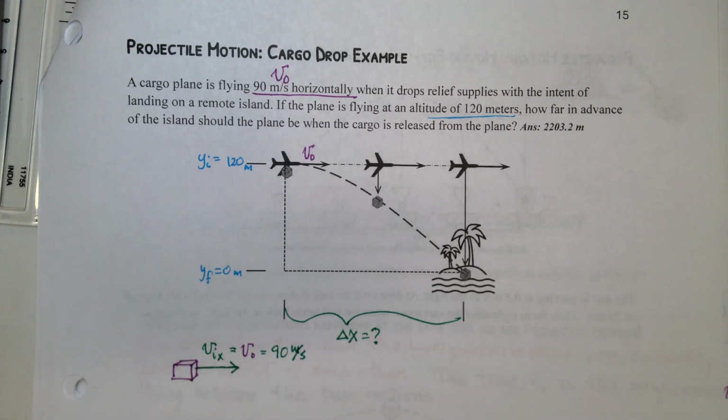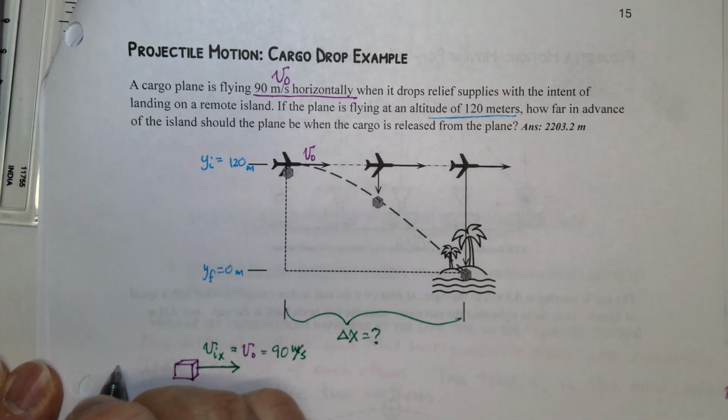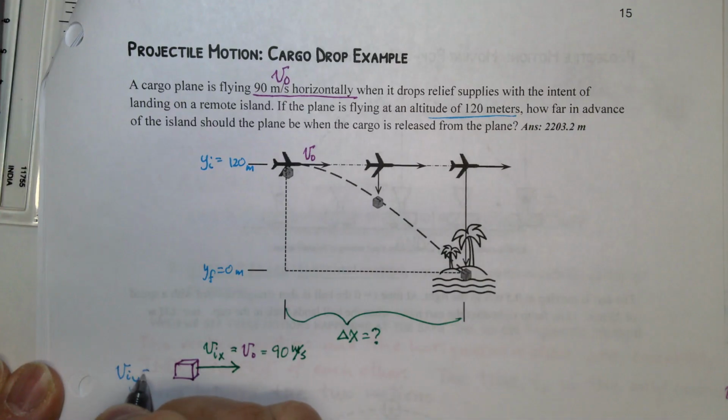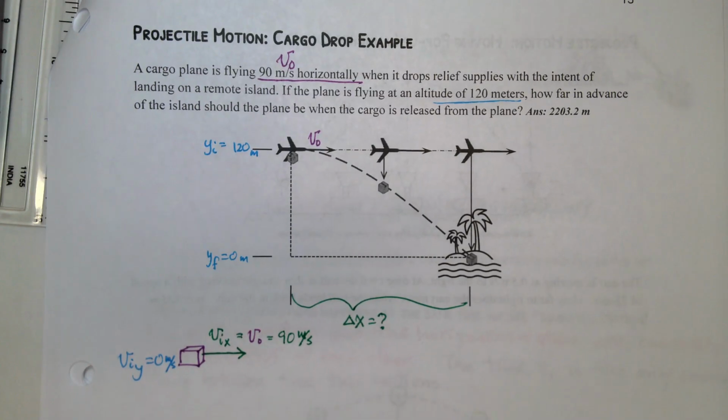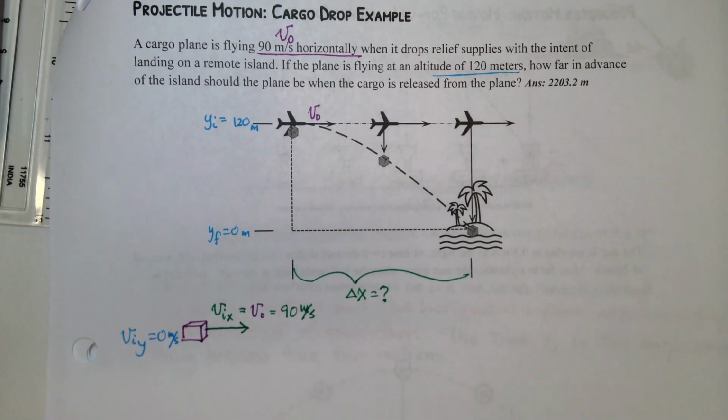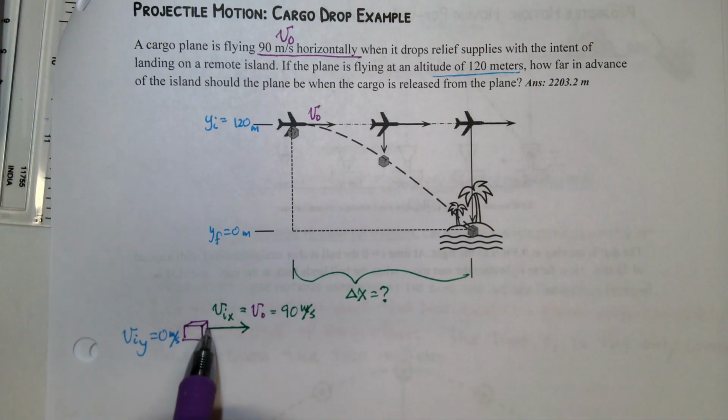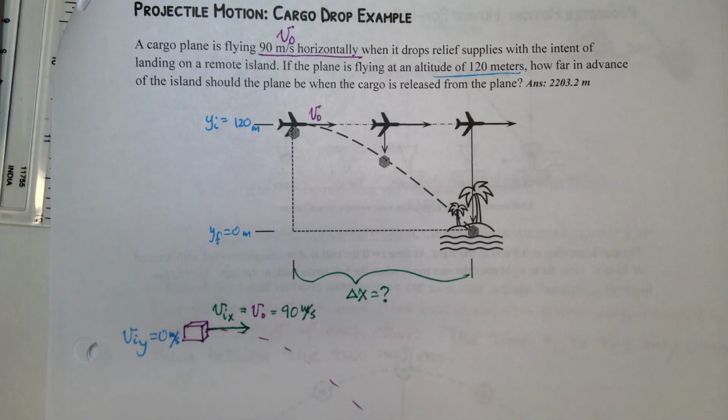Okay, so we also know the initial velocity in y, Viy, is 0 meters per second, because it is just released from the airplane that is flying horizontally. Okay, so this will fall and hit the ground. Okay, and this is the delta x that we need to calculate.